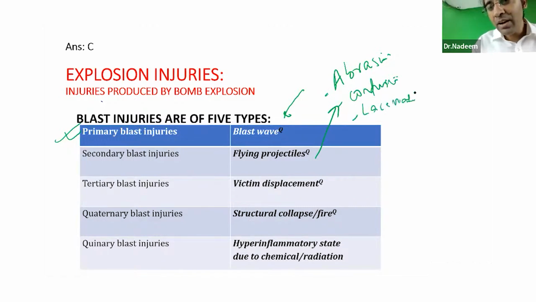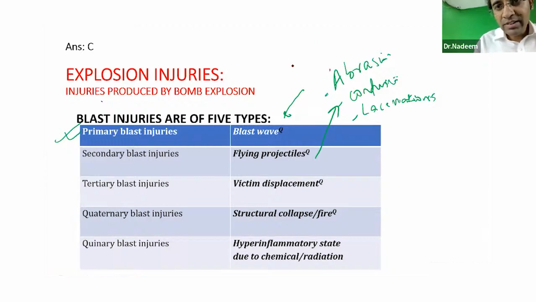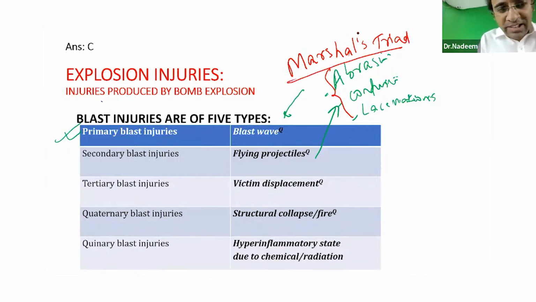Is this making a triad? Yes, this is called as the Marshall's cut triad, right? Old question. This will be seen in secondary blast injury, secondary because of the flying projectiles.